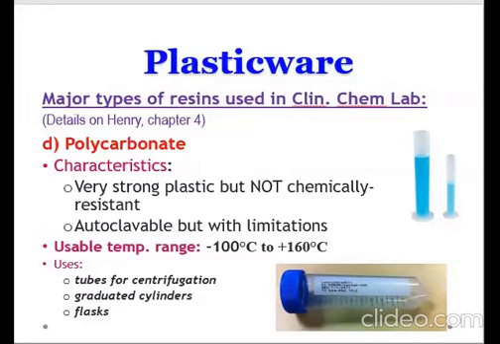Okay, so before I proceed, wala akong nasabi kanina, for polyethylene, in terms of autoclaving, bawal po siya i-autoclave. Same kay polystyrene, bawal din siya. So si polyethylene at saka si polystyrene, bawal silang i-autoclave.